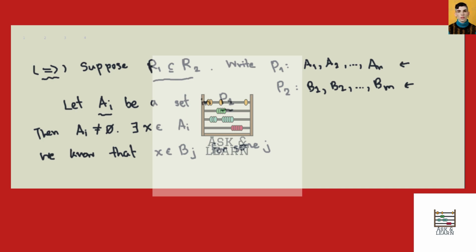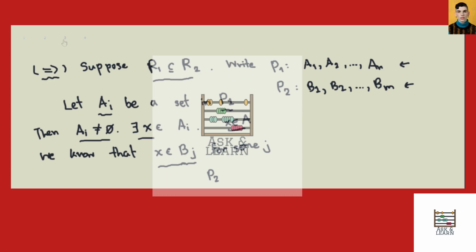Since it is part of a partition, it is not empty, so there is an element x in this set. And since it's a partition of A, x is itself an element of A. That means there exists some Bj in the second partition that x is inside. Why? Because P2 is also a partition of A, so anything in A must exist in P2 somewhere. Okay, we will call that Bj.